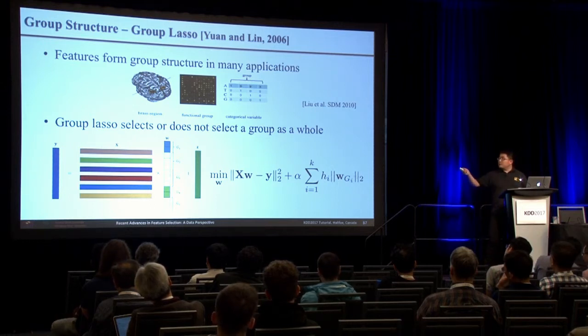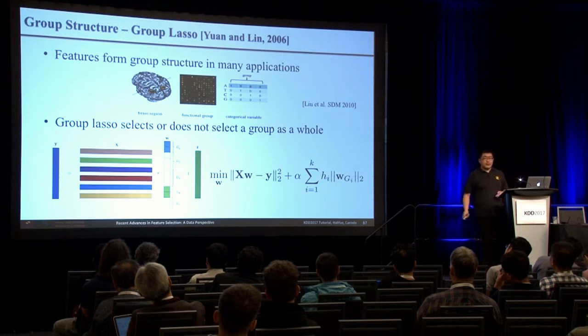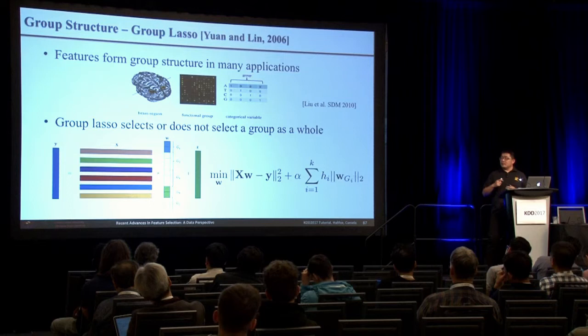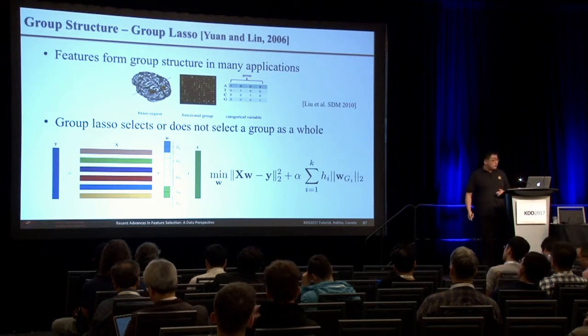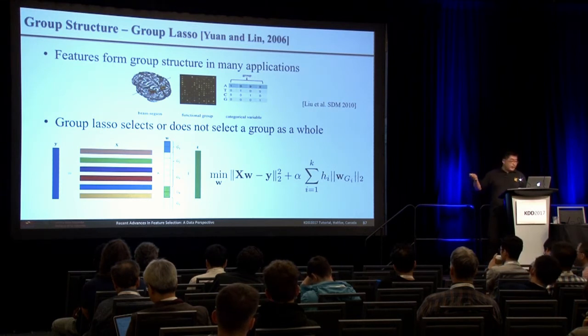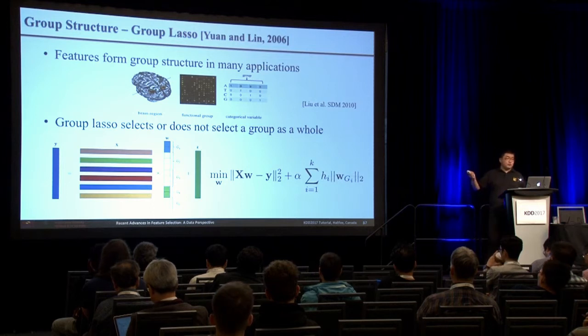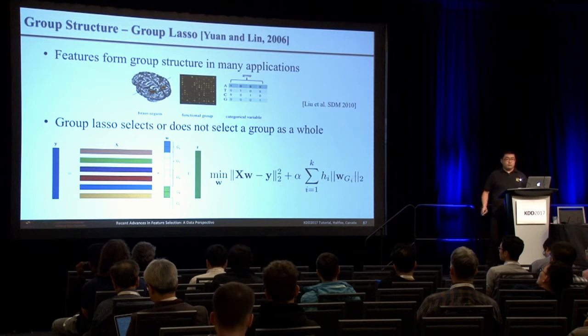By performing group lasso, we can see that it performs group selection by finding only a small subset of groups. In this toy example, we find two groups, G1 and G4. Once a group is selected, all the features in that particular group will be used for model construction. Here is the formulation of the group lasso.